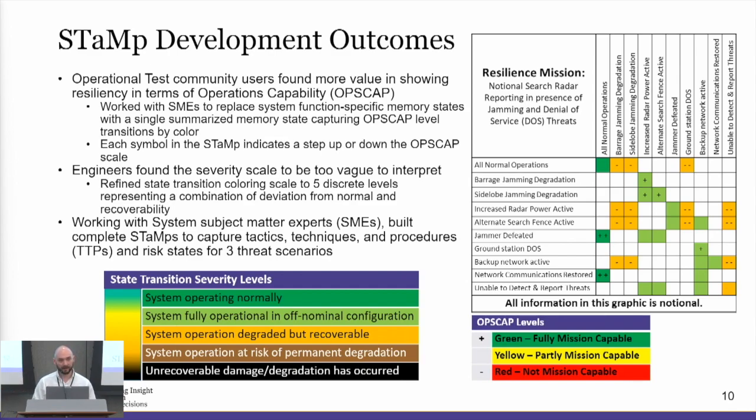And one of the interesting interactions there that was kind of eye-opening for some of the people we were working with, even the SMEs for the system, is there are situations where you can be partly mission capable but still have permanent degradation occurring, or be recoverable but still have no mission capability. So some of those interactions were things that stuck out to them as of interest for further study.